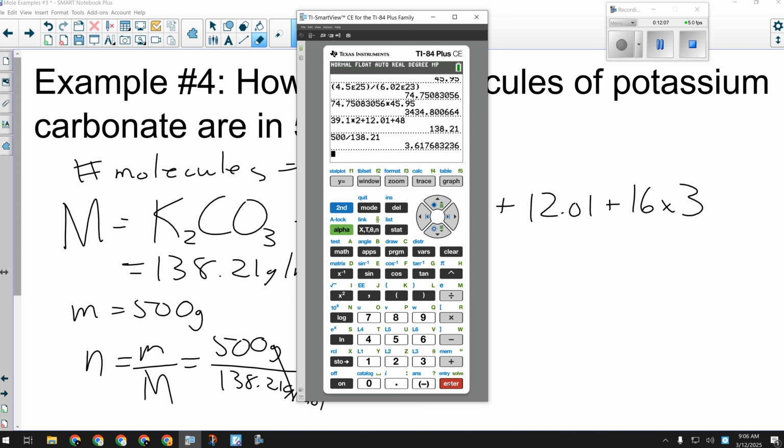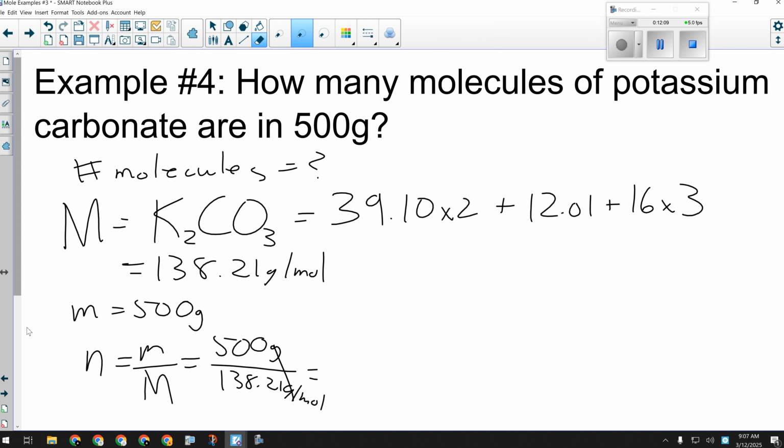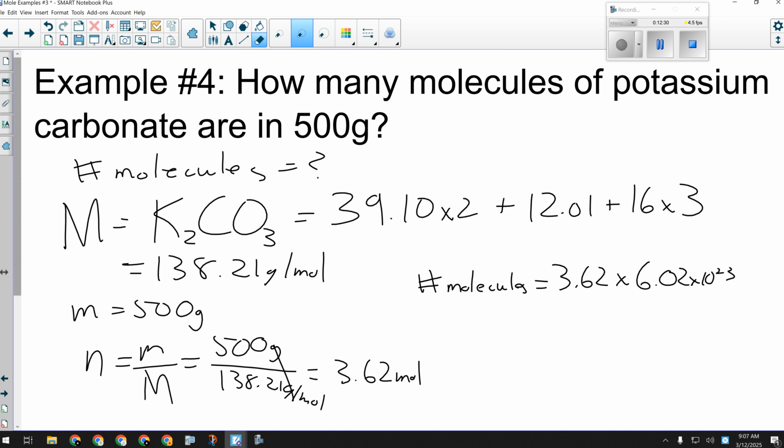Grams are going to cancel, leaving moles. So we got 3.62 moles, but I'm keeping all the numbers in my calculator. Now that I have that, I can get the number of molecules by multiplying by Avogadro's number: 3.62 with all the decimals times 6.02 times 10 to the 23.